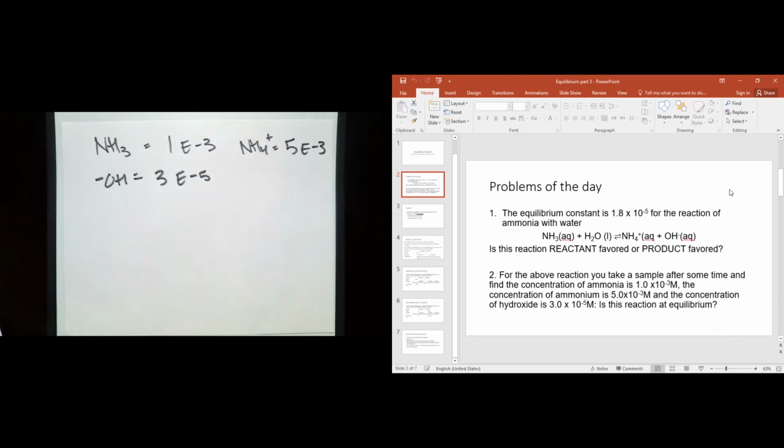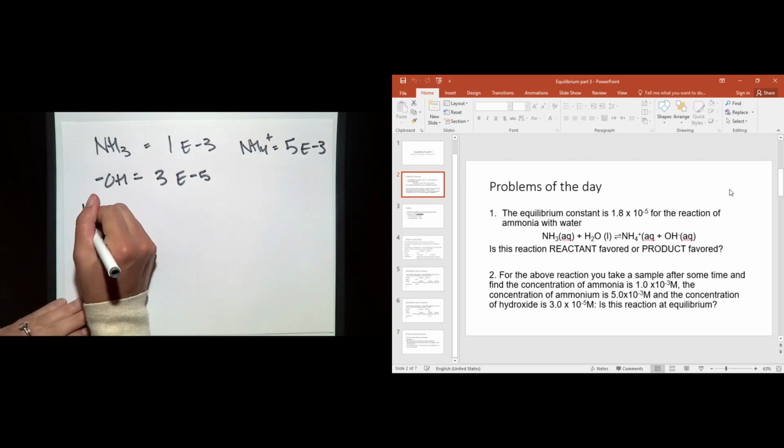These are all concentrations in molarity. I don't have a value for water. If we look back at water, the phase is L for liquid, pure liquid. So we don't have that in our K expression.